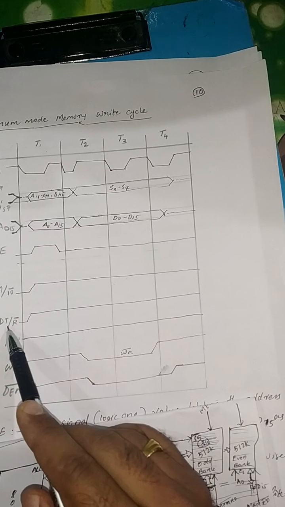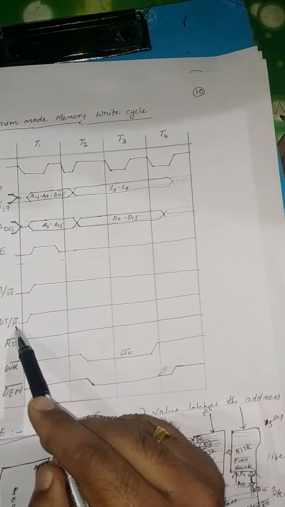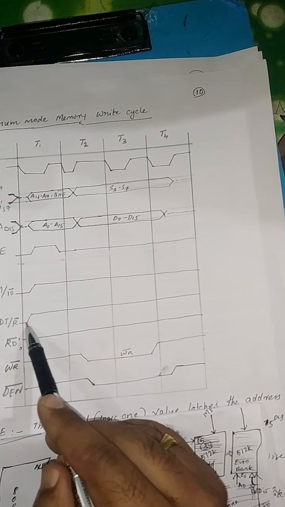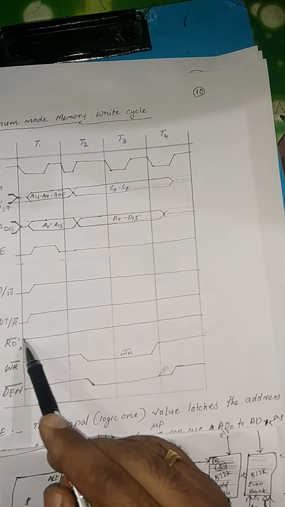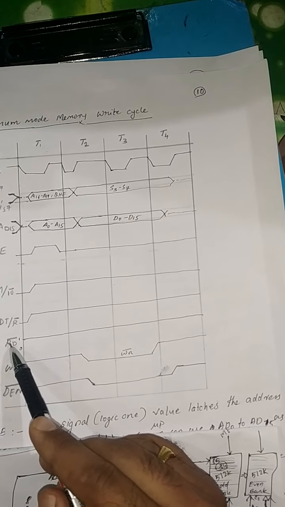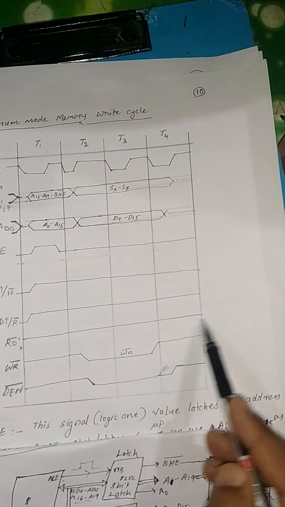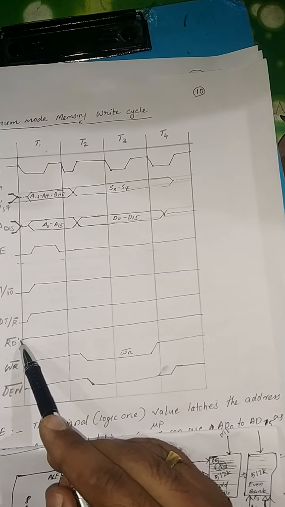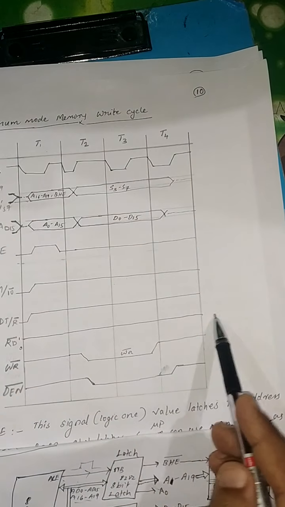Transmit means logic 1, and logic 0 represents receive. Then read bar: if you want to represent read, the signal should be logic low, but it is a write operation, so it is logic 1.